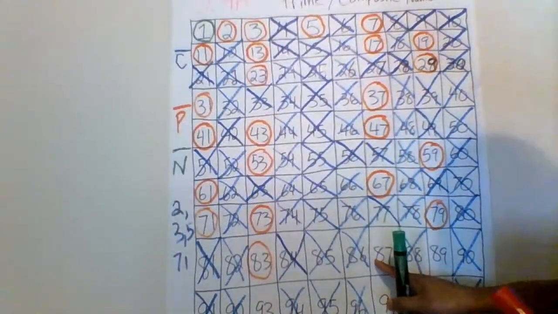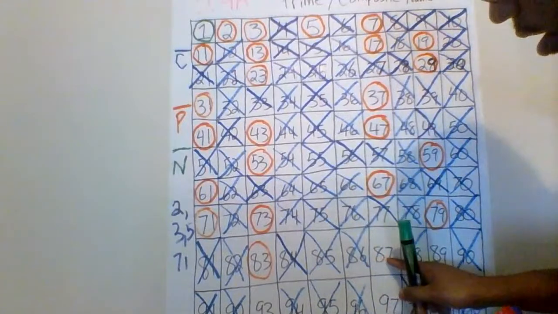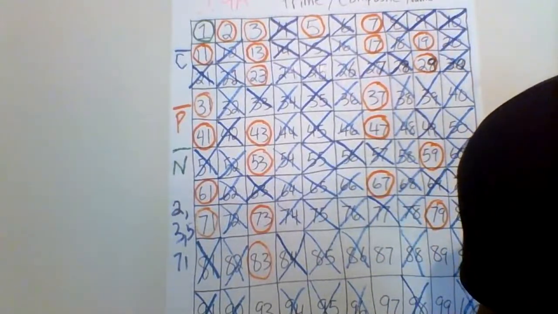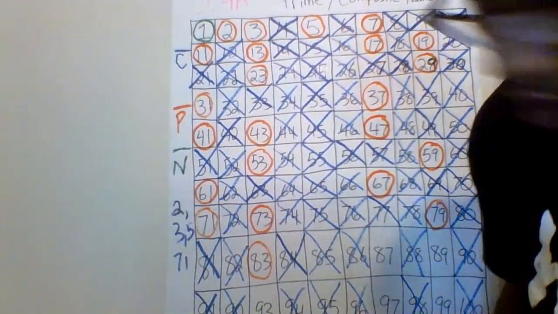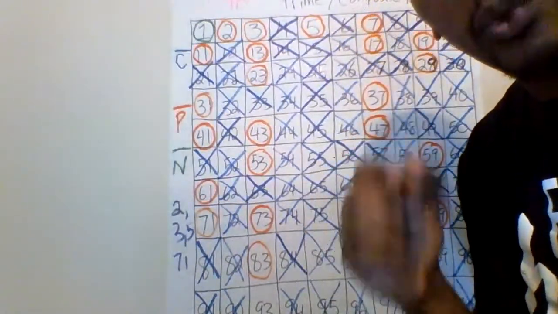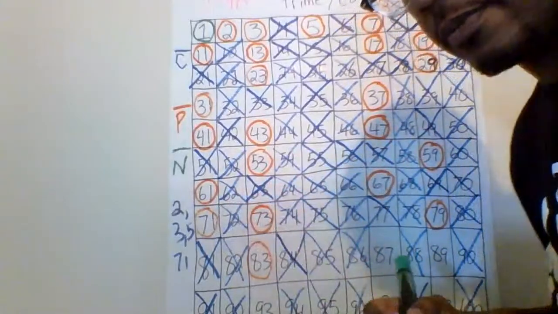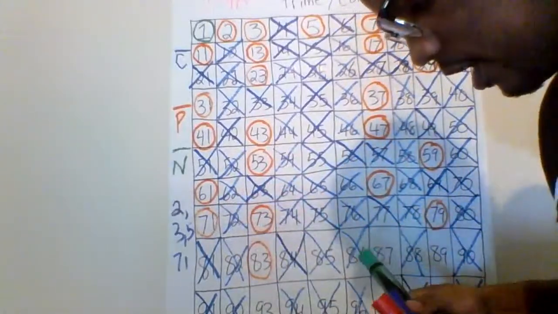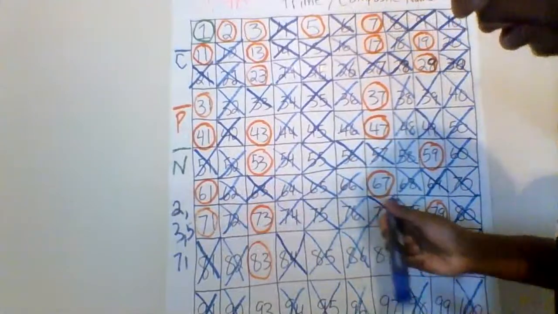87. 8 plus 7 is 15. So 3, 6, 9, 12, 15. 87. The rule of 3 works.